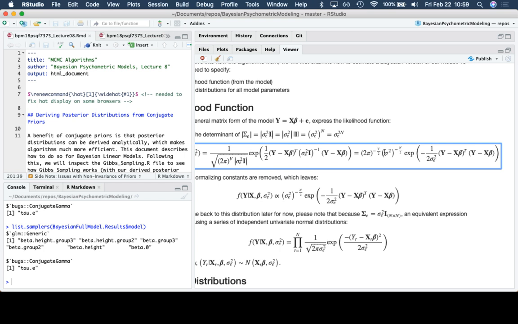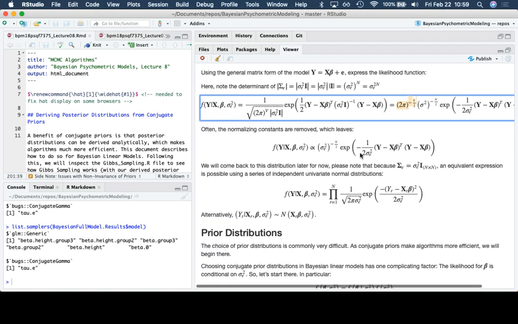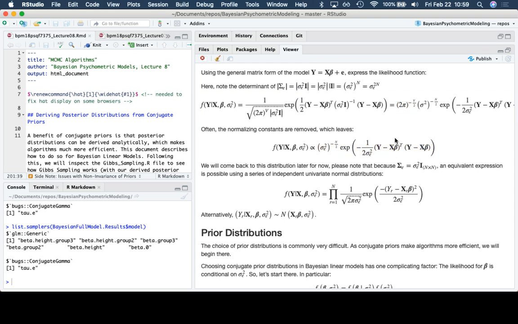Those are what we're going to call normalizing constants, and we tend to in Bayes just want to get those out of the way because we work with the core of the likelihood. It's less math. And the one that we're talking about here is this 2 pi. 2 pi doesn't have beta, doesn't have sigma squared. It's a constant.